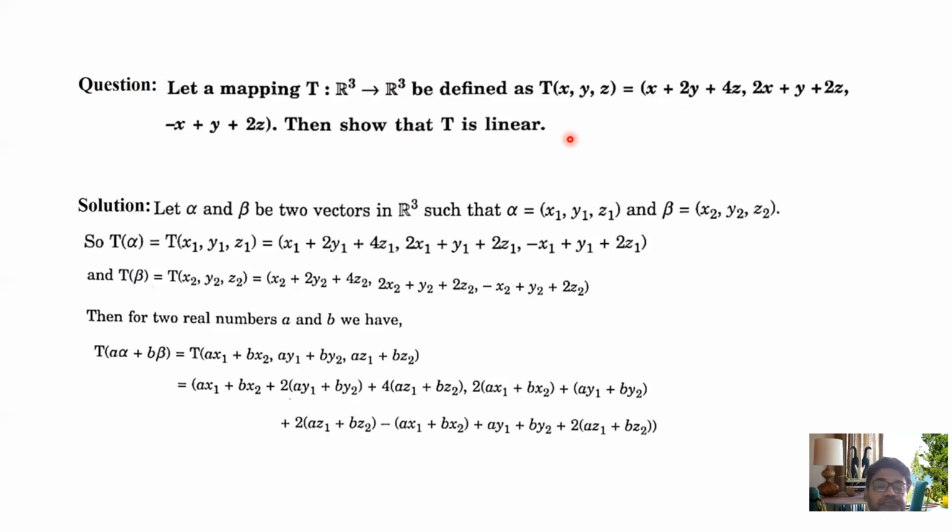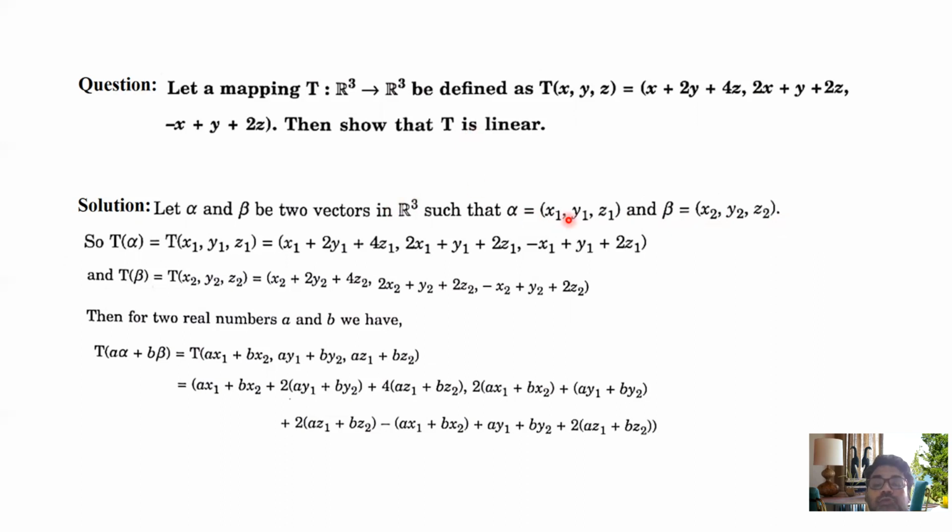Okay, let's see. Same process. Let alpha and beta be two vectors in R cube such that alpha is equal to (x1, y1, z1) and beta is equal to (x2, y2, z2).